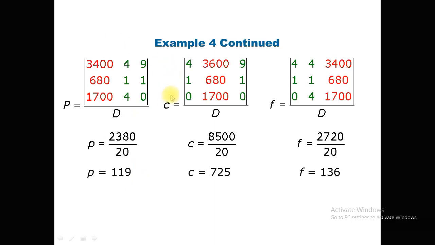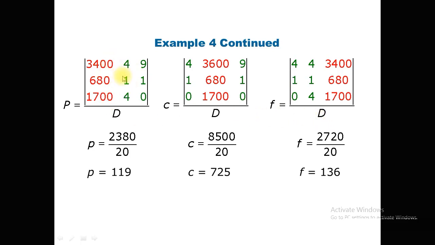And for the value of c, replace the second column of coefficients by the constants on the right hand side, find this new determinant and divide it by the d value. And for the value of f, replace the third column of coefficients by the constants, find this new determinant value, and divide it by d, the determinant of the coefficient matrix.